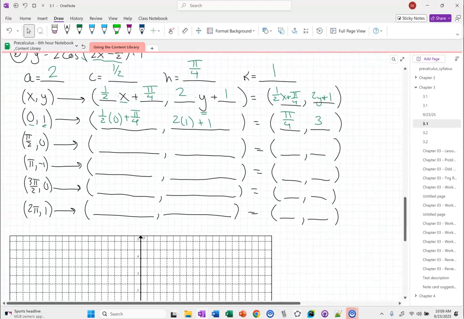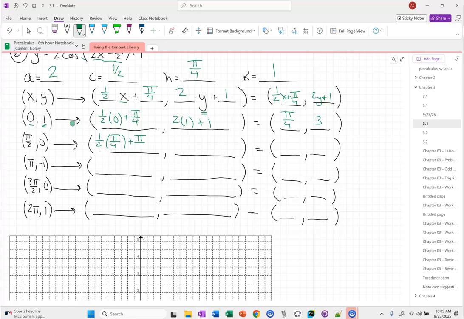Let's continue kind of grinding our way, plugging things through. Now, as you're doing this, if the fraction arithmetic, like doing 1/2 times pi over 4 plus pi over 4, looks daunting to you, what can you do to make your life easier?